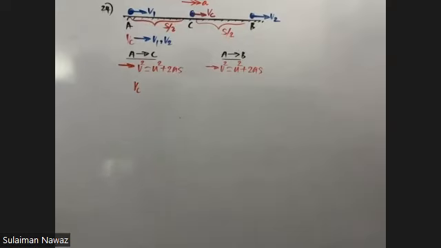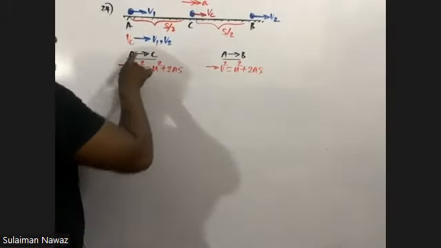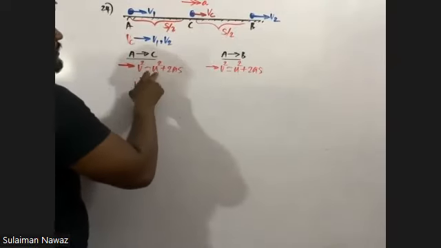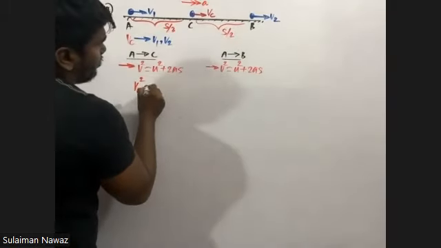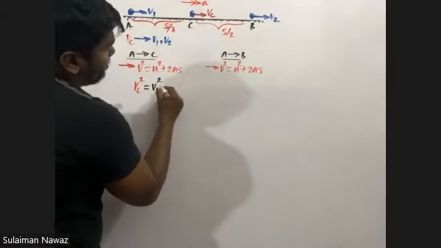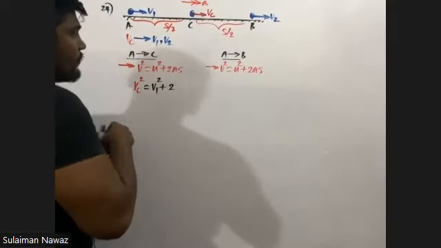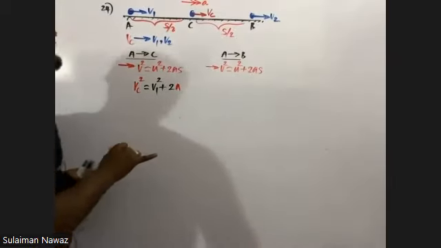So I'll also do with you. If I consider A to C motion, final velocity is VC squared. U means V1 squared, plus 2, acceleration is simply, I don't know the acceleration. Displacement is S over 2.